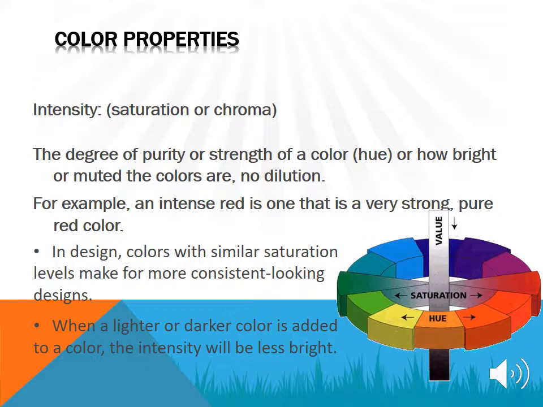For example, an intense red is one that is a very strong, pure red color. In design, colors with similar saturation levels make for more consistent looking designs. When a lighter or darker color is added to a color, the intensity will be less bright.